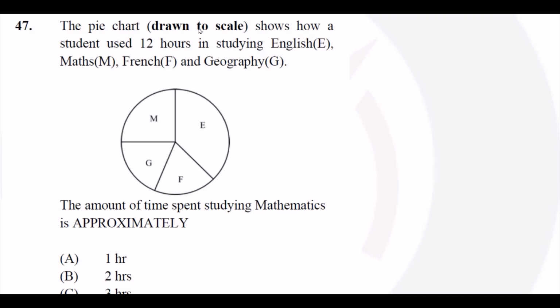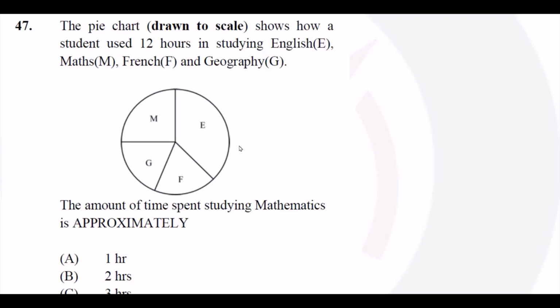The pie chart, or this one is drawn to scale, shows how a student used 12 hours in studying English, maths, French, and geography. Now, looking at it drawn to scale, this looks like a quarter. This is a quarter.